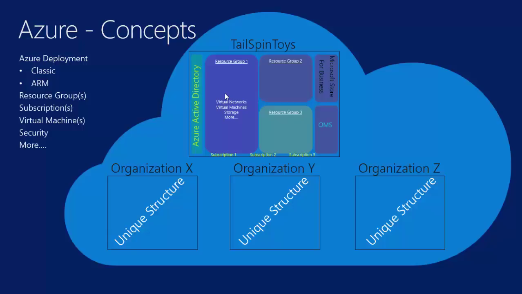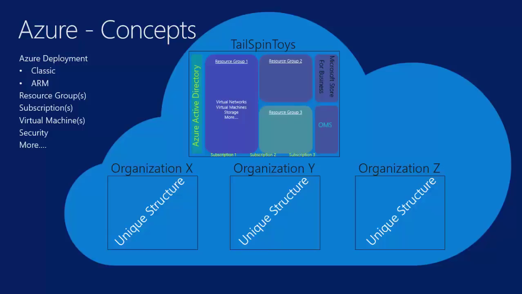Then came what we call, again, Azure Resource Manager deployment, ARM deployment. This is the preferred method now for deployment. This was added and gave us the concept of what we call a resource group. A resource group basically is a container for all the resources that might share a common life cycle, right?